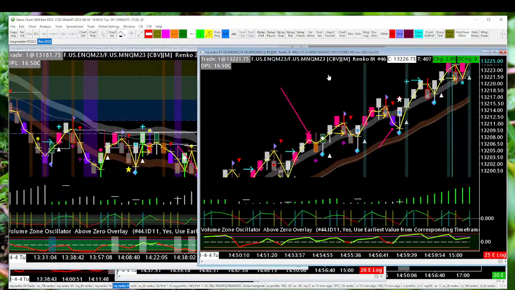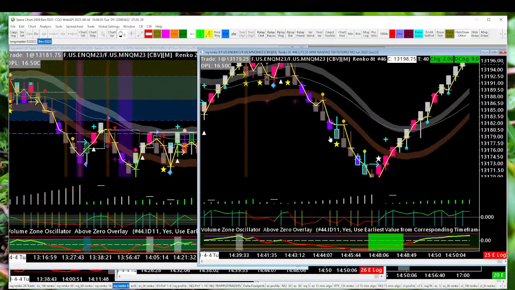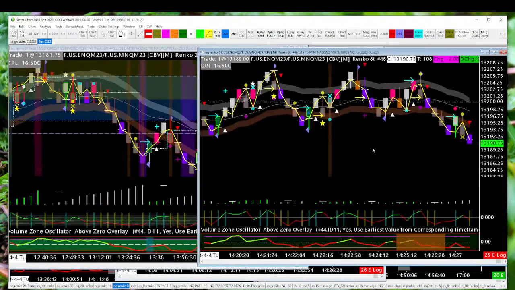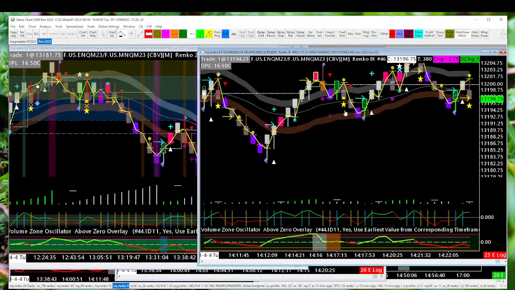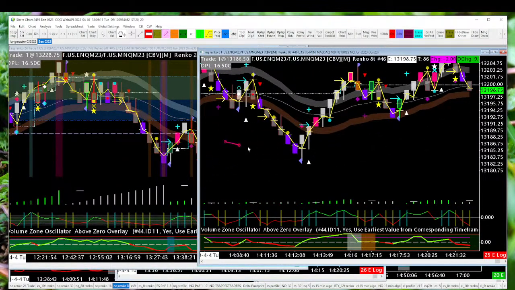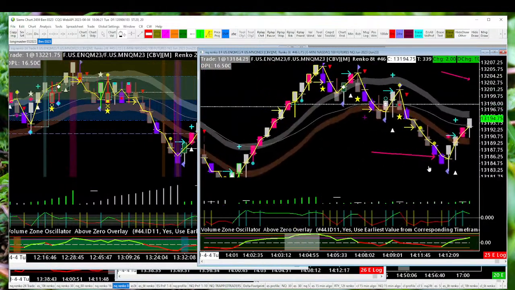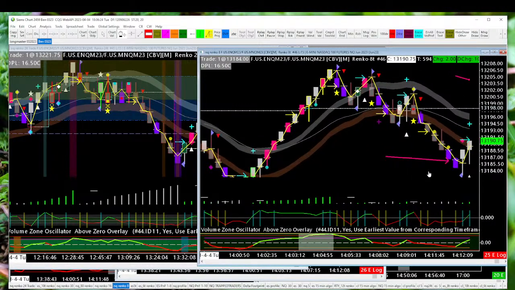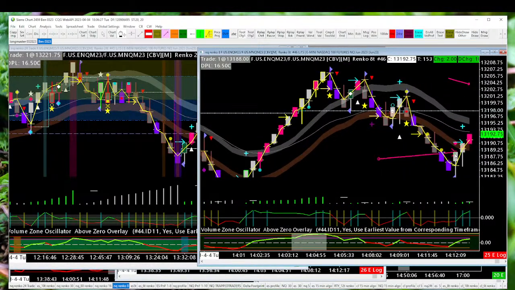If you see those in both directions, so a pink and a purple nearby, particularly like purple at the bottom or pink at the top, like this, and then you see the other one relatively soon after. So for instance, purple at the low and then pink mini bar.